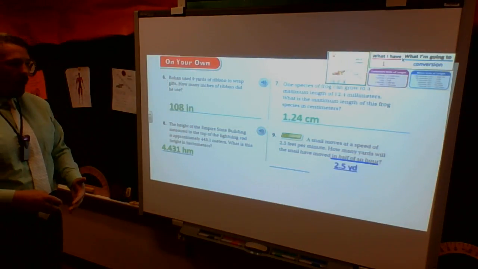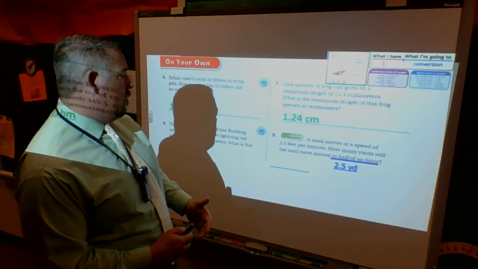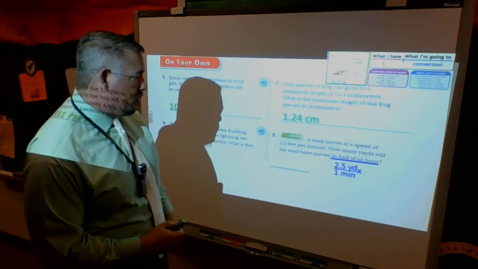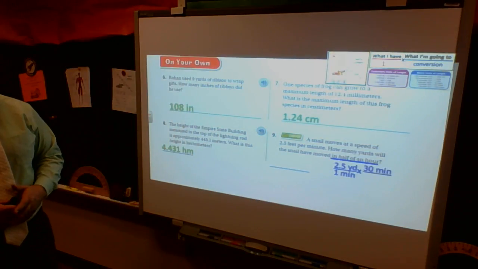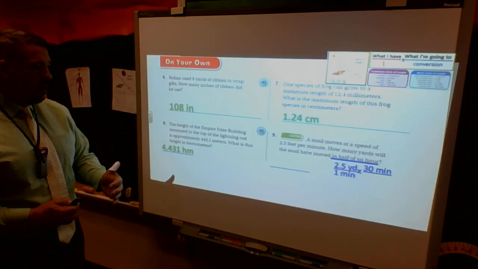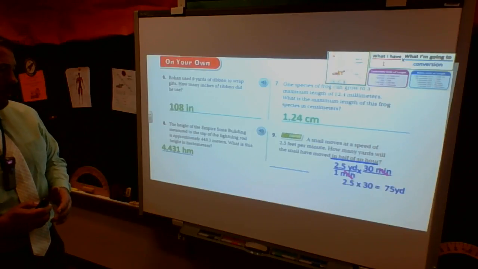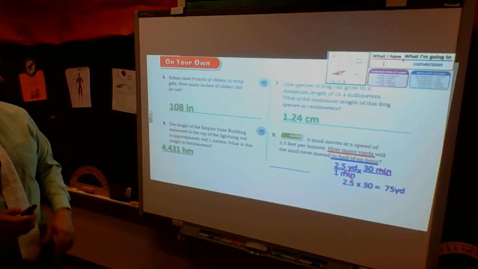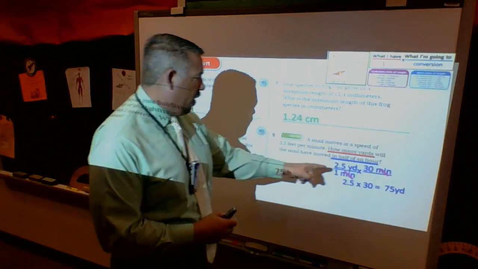Okay, so half of an hour. If I have 2.5, let's see, that should be feet per minute. I apologize. Per minute, and I'm going to change it into how many yards I go. Well, if I have 30 minutes and I have 1 yard, I'm going to do this completely wrong on this problem because I didn't convert it into feet. I apologize. All right, so I had to change it here.